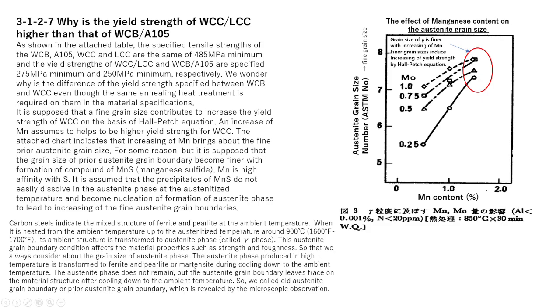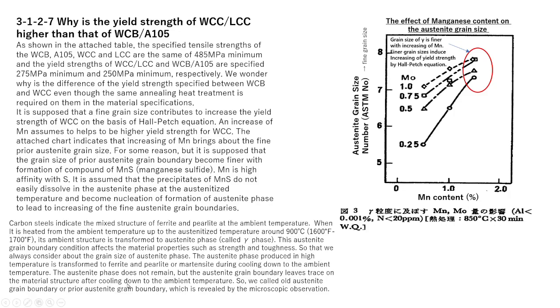The austenite phase produced at high temperature is transformed to ferrite and pearlite, or martensite in case of rapid cooling, during cooling down to the ambient temperature. The austenite phase does not remain, but the austenite grain boundary leaves a trace on the material structure after cooling down to the ambient temperature.